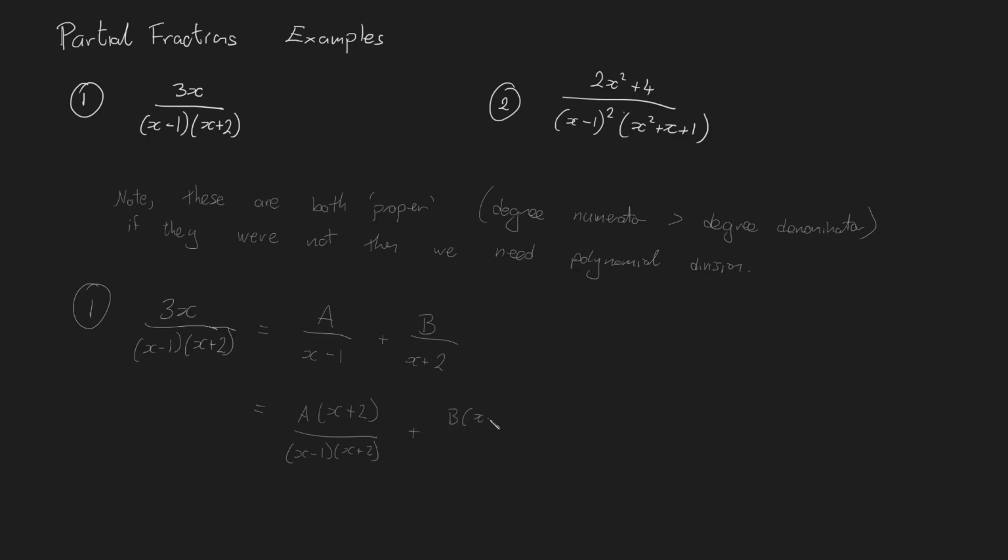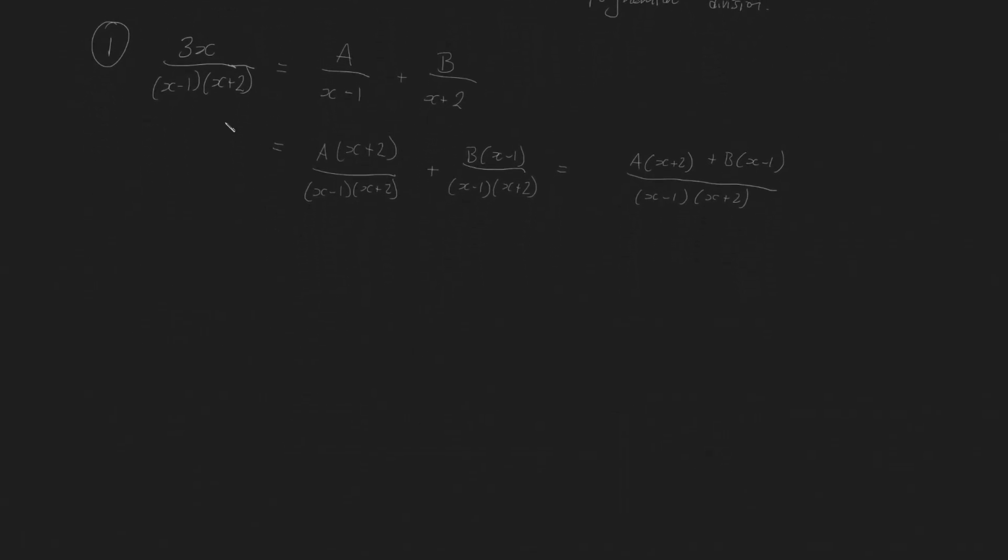So B times x minus 1 divided by x minus 1, x plus 2, and that in turn is equal to A times x plus 2 plus B times x minus 1, all over x minus 1, x plus 2. So if this rational expression is equal to this rational expression, then the numerators are equal because the denominators are equal.